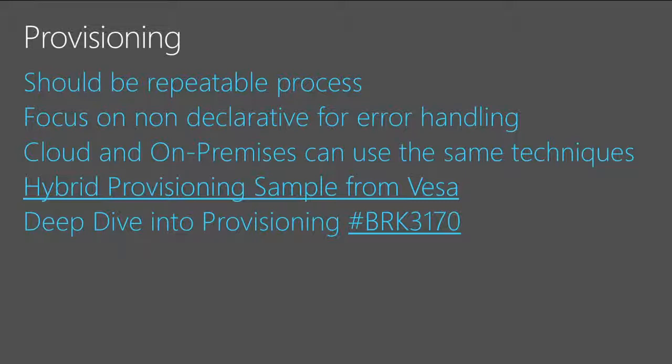Also, we saw that even though there was a lot of XML in there because we were leveraging the investment from an older sample, it was using non-declarative ways to provision those pieces. That means that you can work with the online version as well as on-prem, but also it gives you better error handling. I think we've all battled against those XML deployment methods where you just get, there was an error somewhere, and you spend ages trying to debug that. This will actually show you where the error is happening.